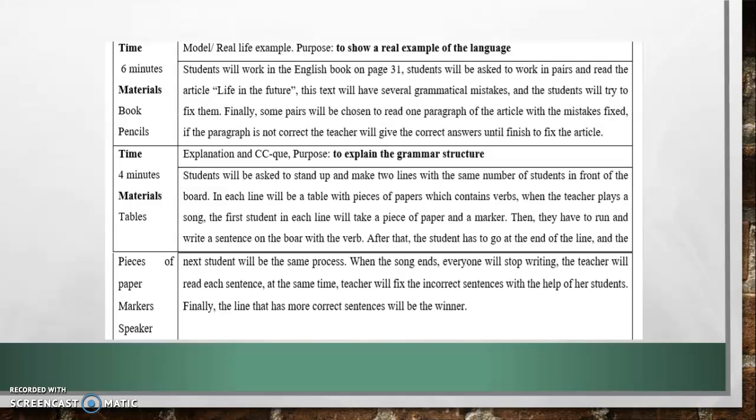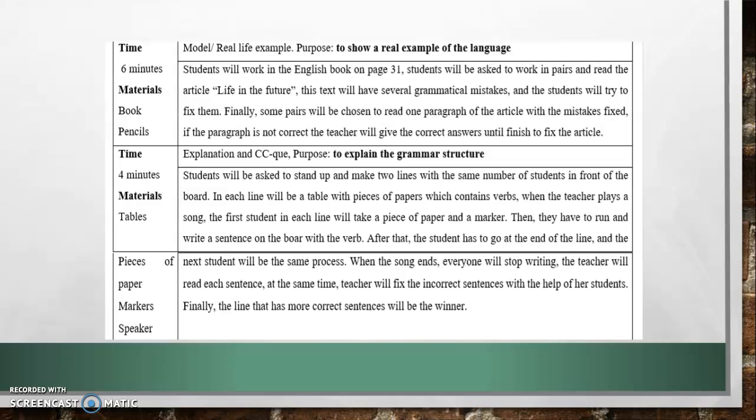When the teacher plays a song, the first student in each line will take a piece of paper and a marker. Then they have to run and write a sentence on the board with the verb. After that, the student has to go to the end of the line and the next student will repeat the same process. When the song ends, everyone will stop writing.